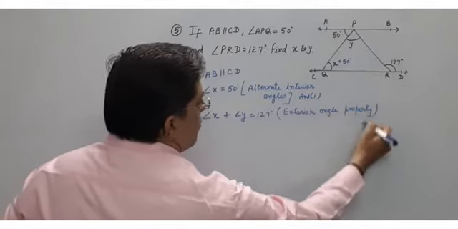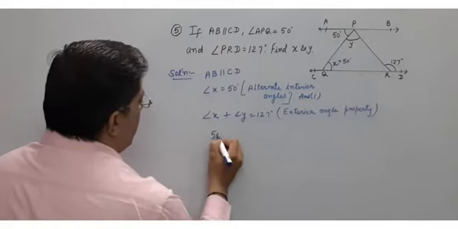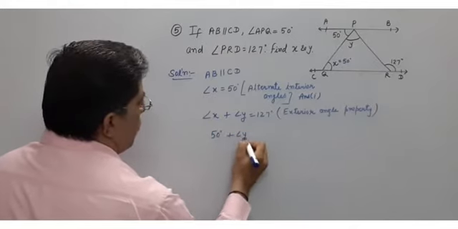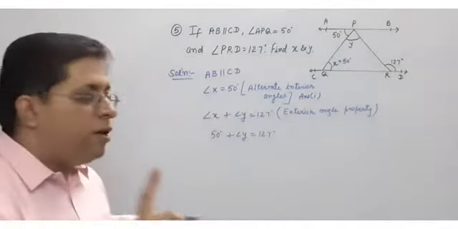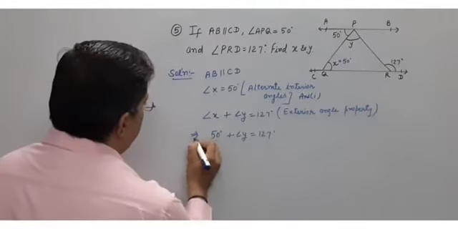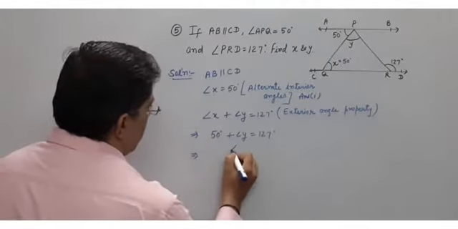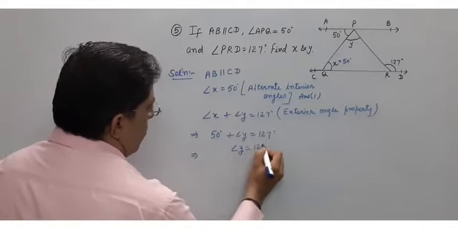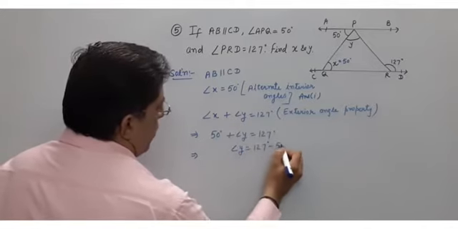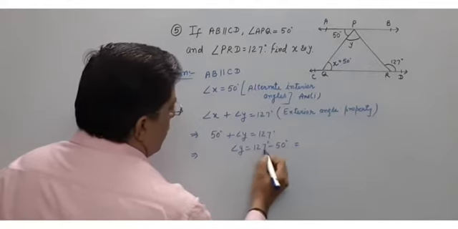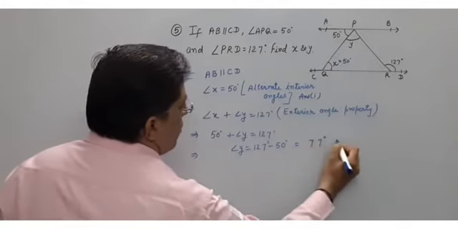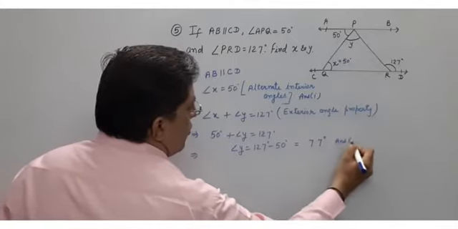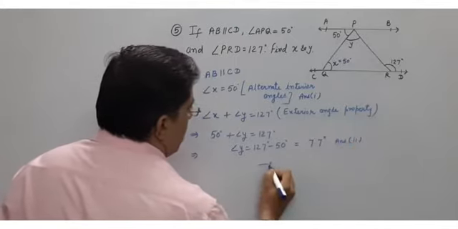This 50 is given to you, this is 127. Now I am sending 50 that side. Minus 50. What will come? 127 minus 50 is 77. This is your answer number 2. That's all.